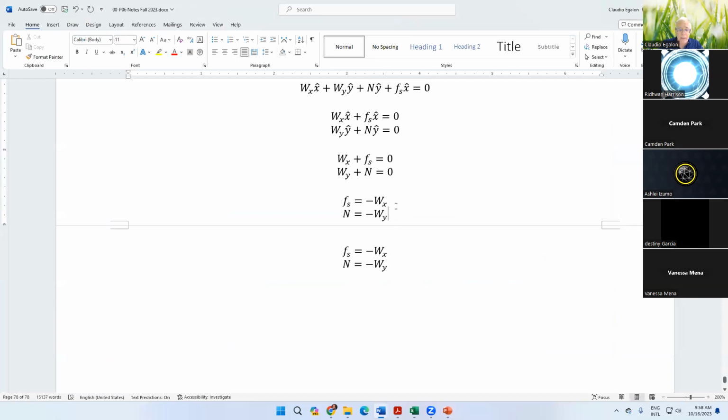So this one here is going to be minus mg, and that's going to be cosine, right? Like that. Make sense? Let me translate it here. And I go to the next step.